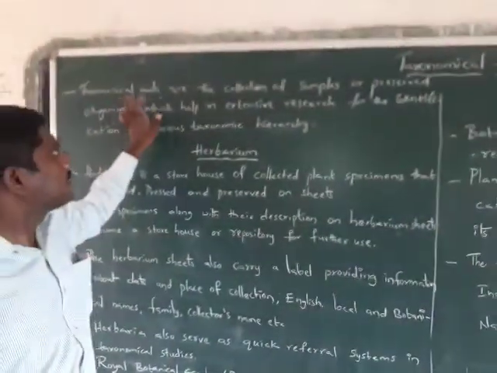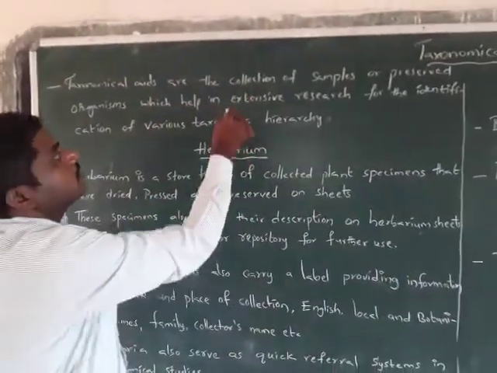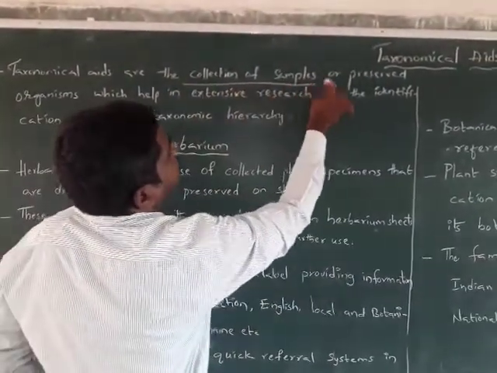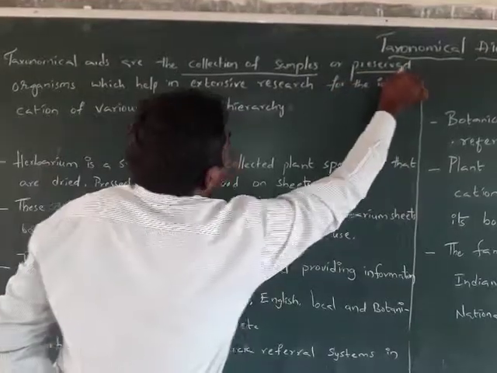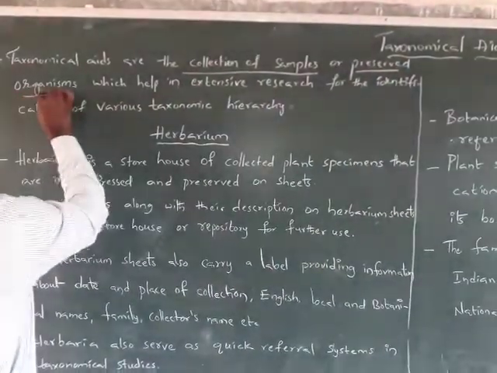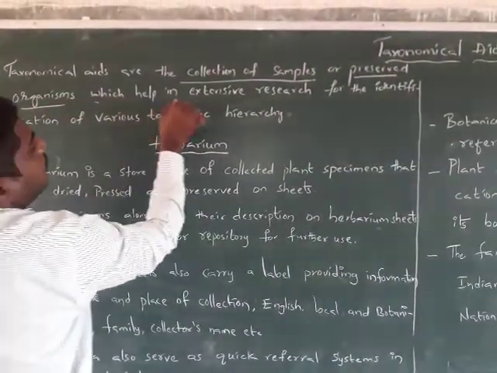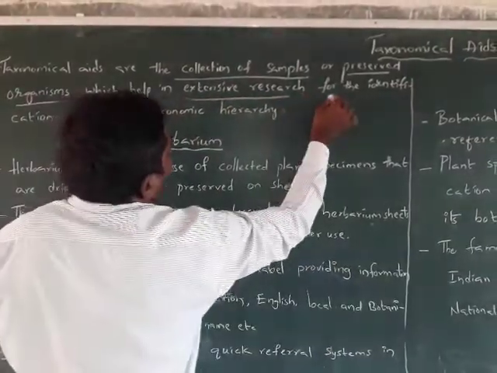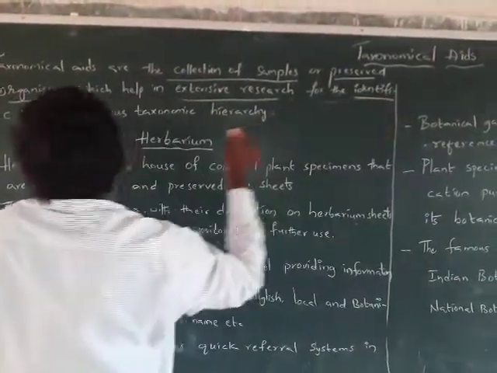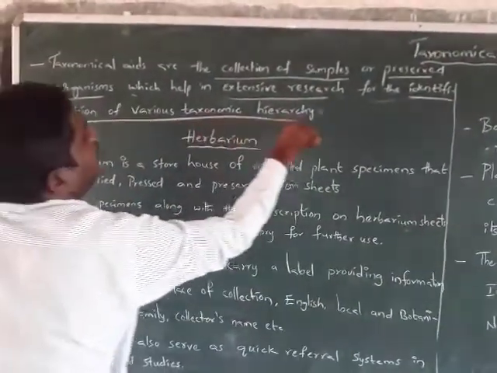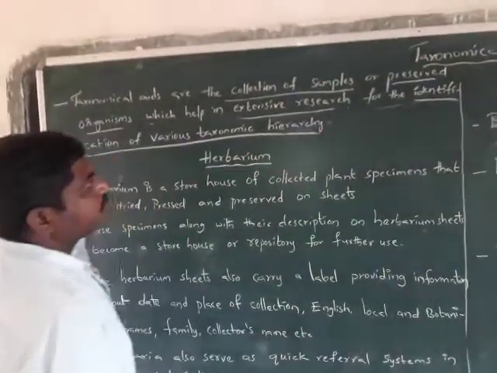Taxonomical aids are the collection of samples or preserved organisms which help in extensive research work for the identification of the various taxonomic hierarchy.